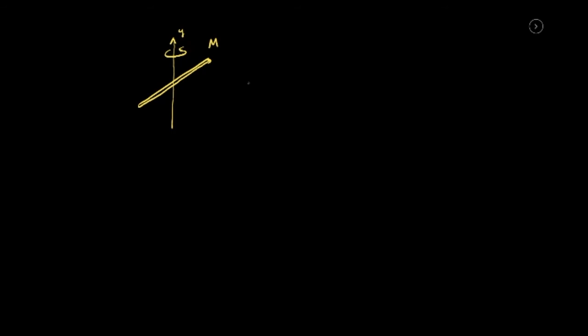Then this rod has a moment of inertia equal to 1 divided by 12 m r squared. If we consider the rotation of this rod around this axis, then the moment of inertia would become 1 divided by 3 m r squared.